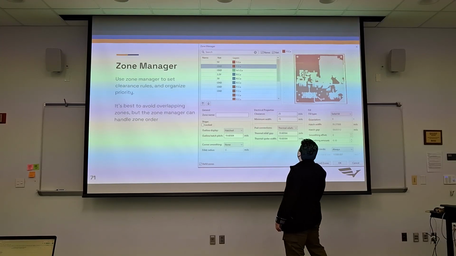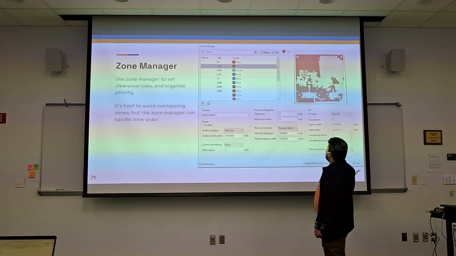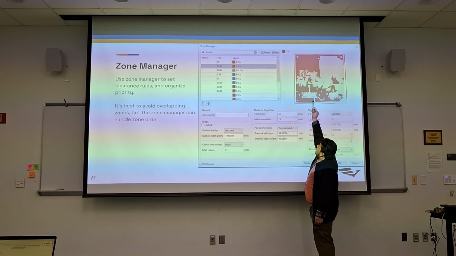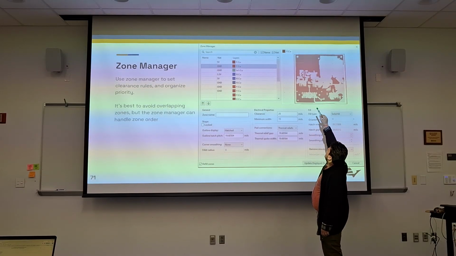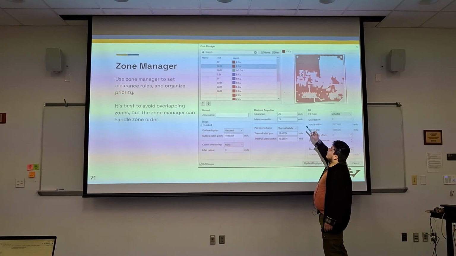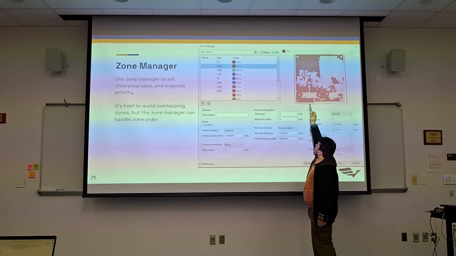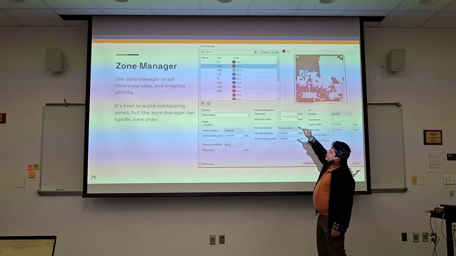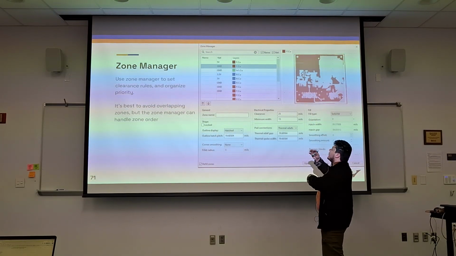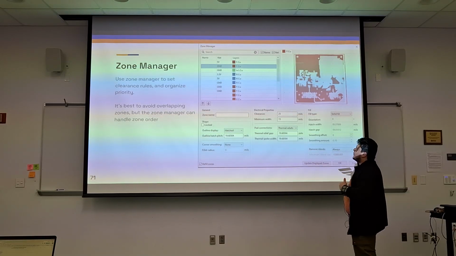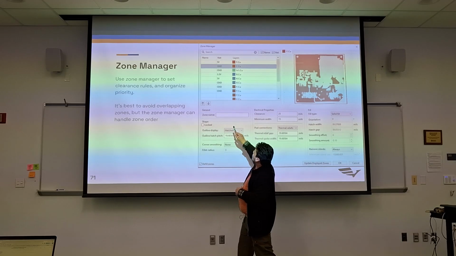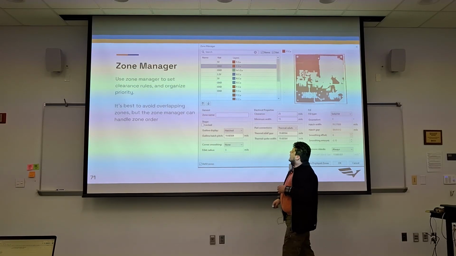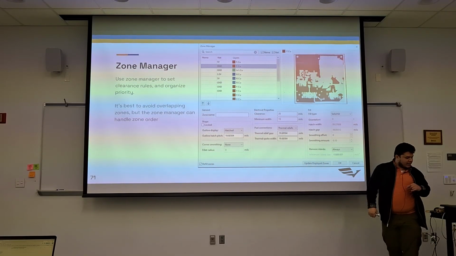If, for example, I needed a 12 volt plane over here, and I'm just exaggerating, but that 12 volt was down here in importance, all of this ground is going to be covering that. So this is where you get to set that, and you can play around with which zone is on top and below. You can go up and down using these arrows. So that's the zone manager.